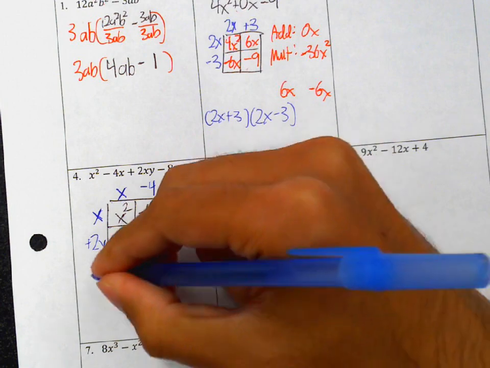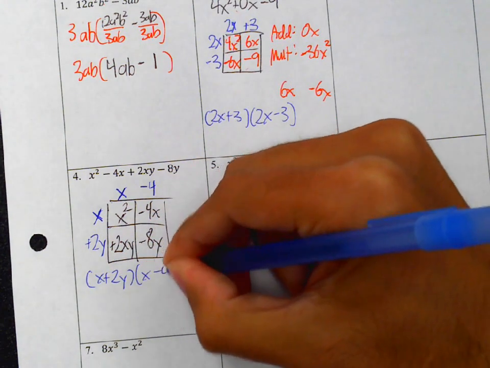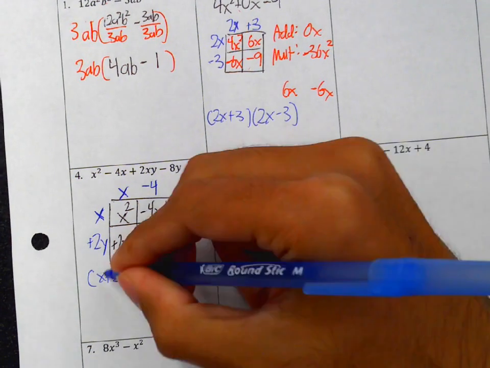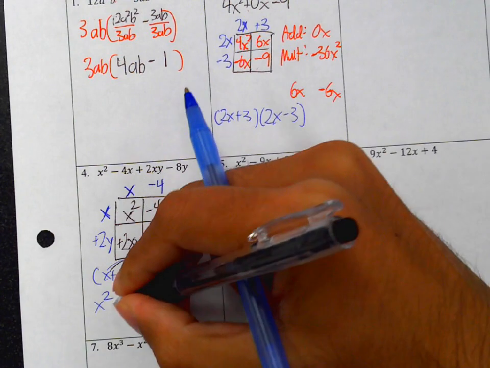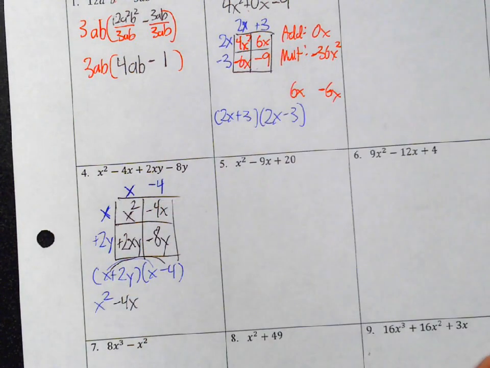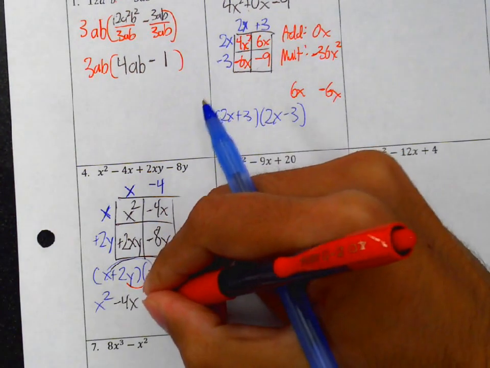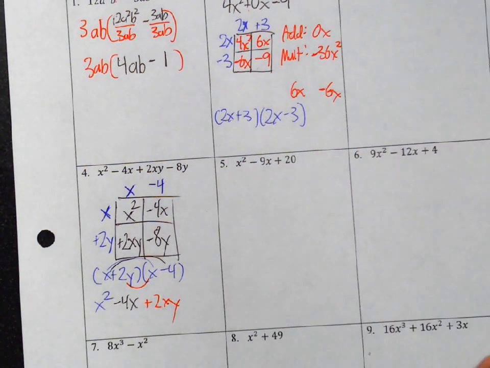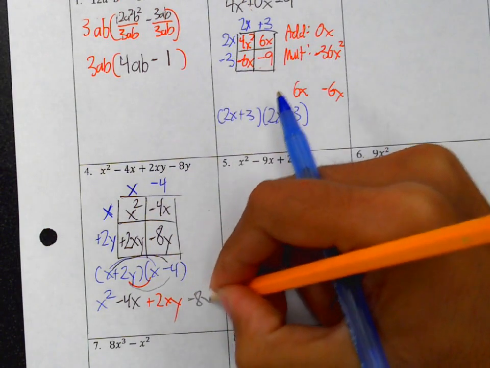Okay, so it appears we have an answer, but we need to check by distributing. So we have x times x is x squared, x times negative 4 is negative 4x, 2y times x is 2xy, and then 2y times negative 4 is negative 8y.